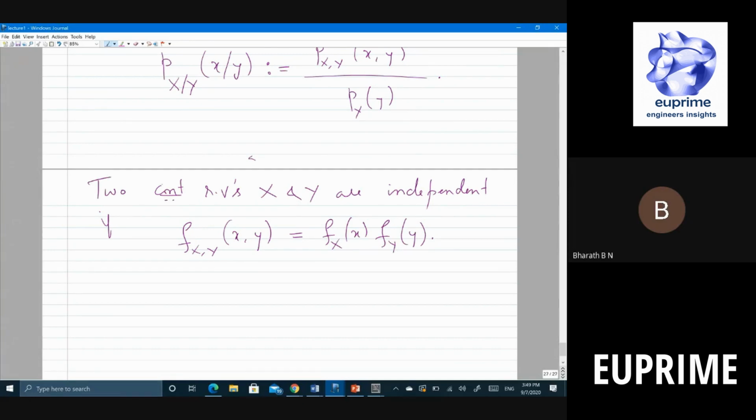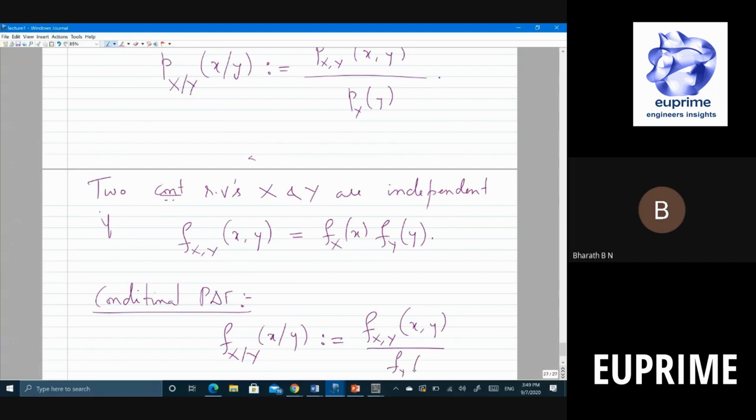Okay. So now, what is conditional PDF? That is something that we need to define, right? These are the things that you would have already studied in your undergrad. So f x given y of x given y, how do I define this? Fxy of x, y divided by fy of y, right?